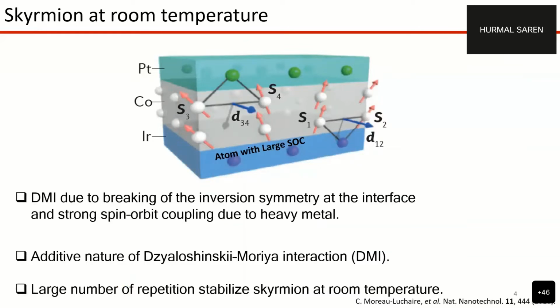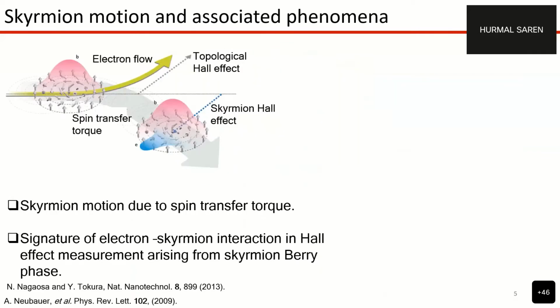Skyrmions can be stabilized in multilayer structures of heavy metal thin films, where the DMI arises from the interfaces and the spin orbit coupling due to the heavy metals. Because of the additive nature of this DMI, which aids the formation of skyrmion at room temperature, we can observe it.